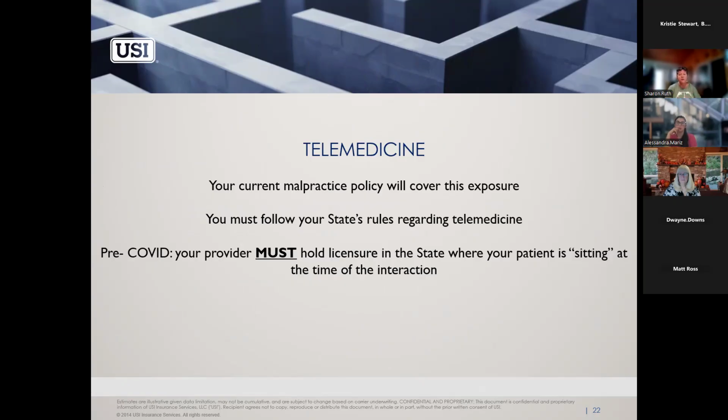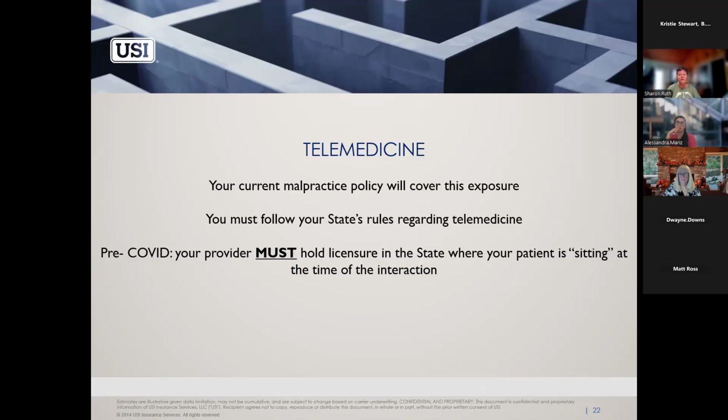You also have to look at where your patients are sitting at the time of the telemedicine interaction. A lot of malpractice carriers, if the patient is sitting in Virginia for the telemedicine activity, that malpractice carrier is going to want you to have a Virginia medical license. And why?